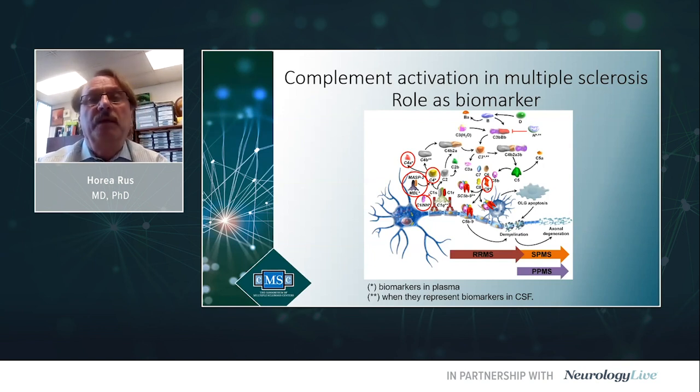Others were described and established in the CSF, and these include factor H, C4b, and soluble C5b29 complex.